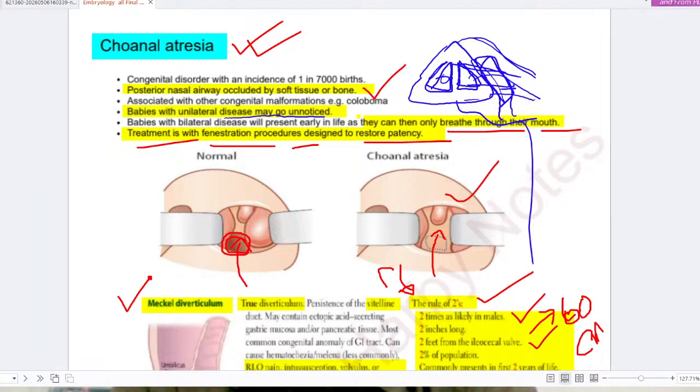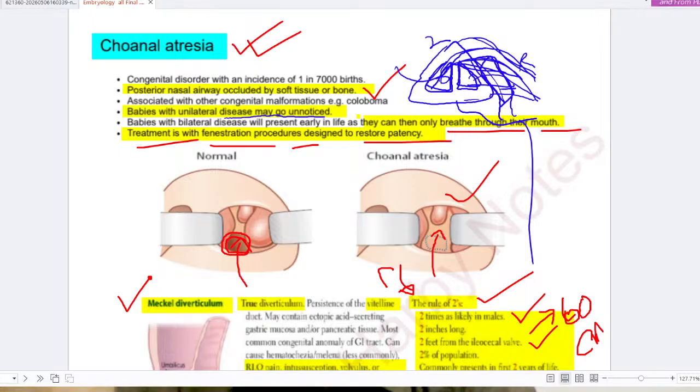If it is one side, suppose the right side is blocked, the left side is open. So from the left side, the child can continue breathing. Okay, mostly it happens. These are the congenital anomalies. Whatever diseases or anomalies we are discussing, these all will be diagnosed in an infant.